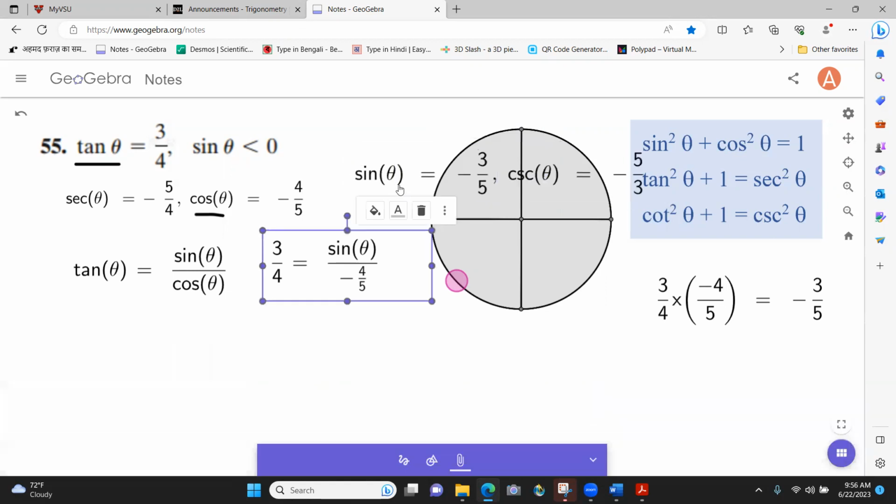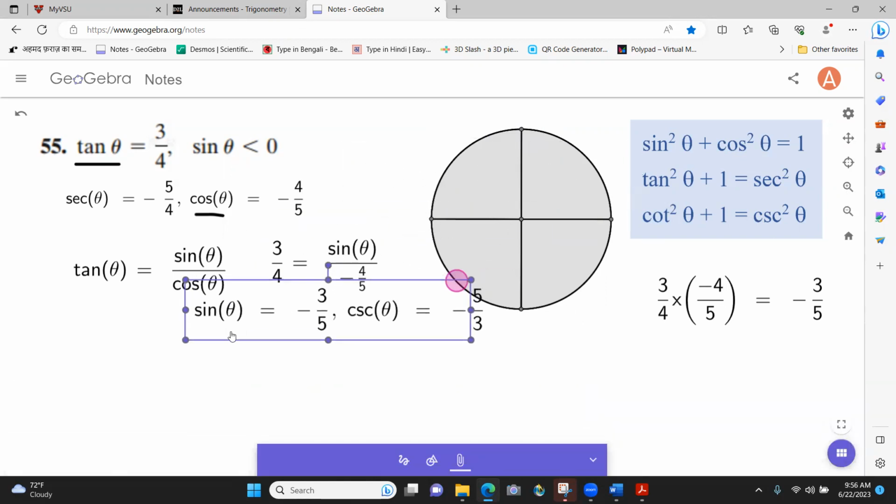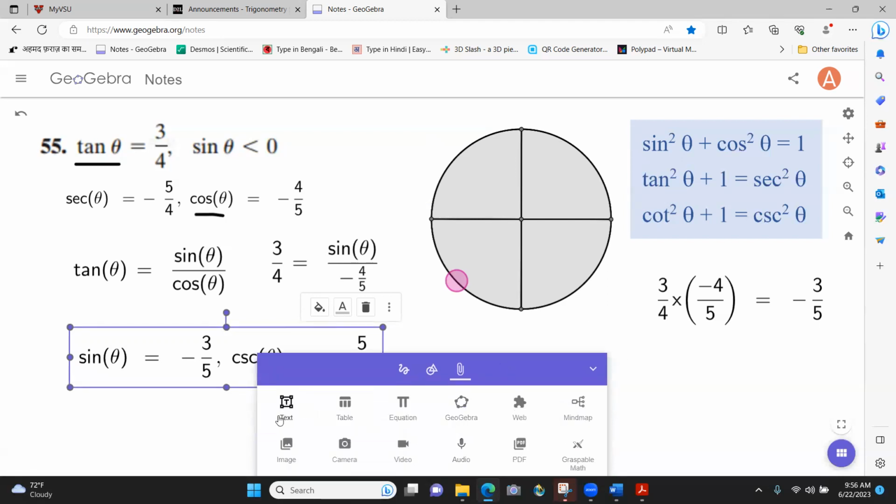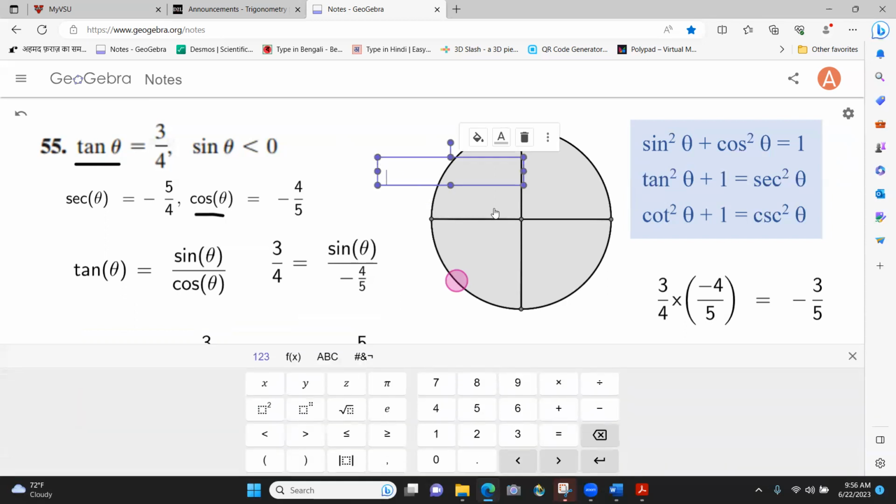So I am almost done. Almost done, guys. I have secant, cosine, sine and cosecant. I need cotangent. Cotangent is very easy. Cotangent is the reciprocal of tangent. And let's do it here. Cotangent is the reciprocal of tangent.